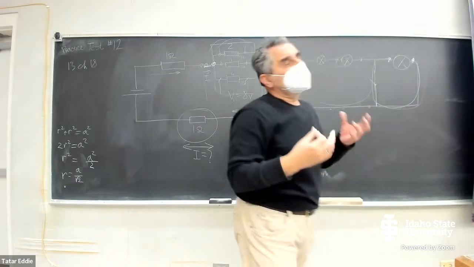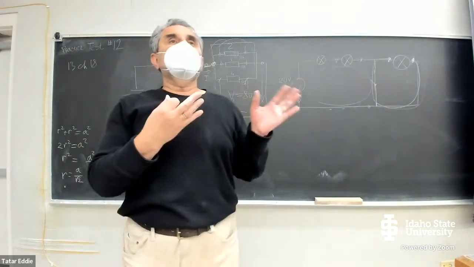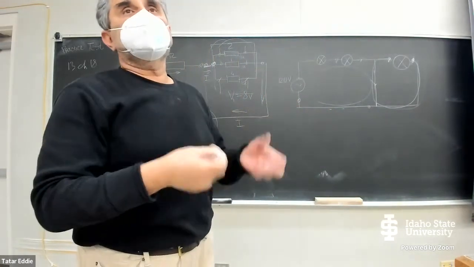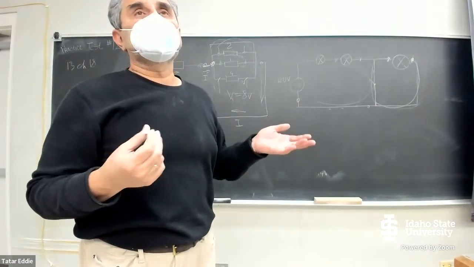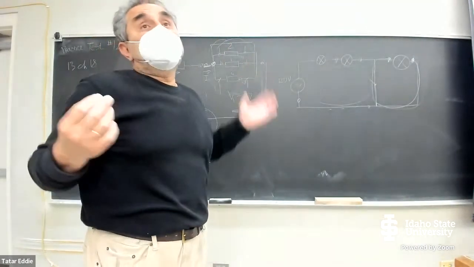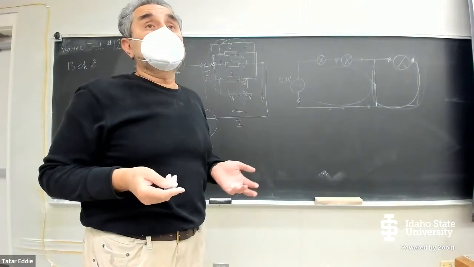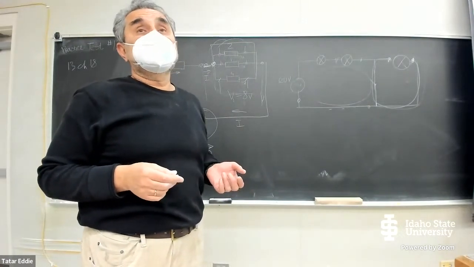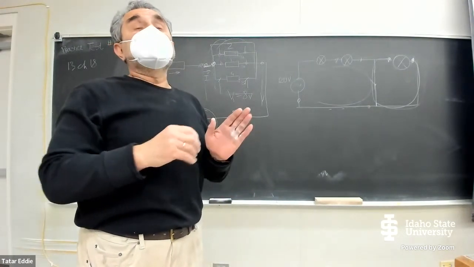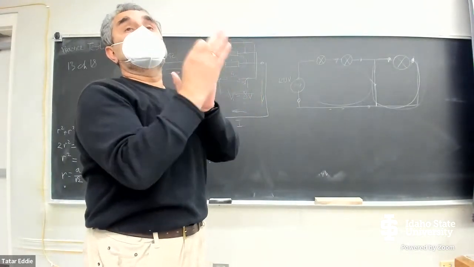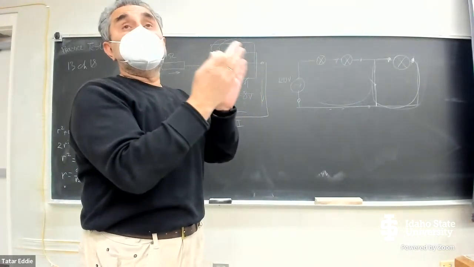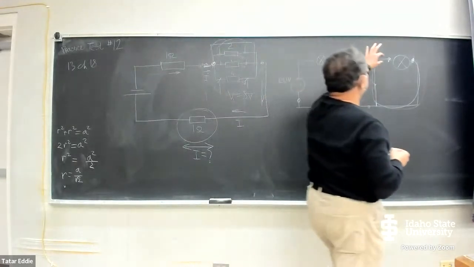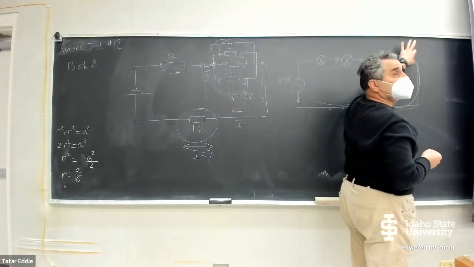So this is misleading if you think in terms of water flowing through hoses. But you have to, again, this is electric current and you have to think in terms of potential difference. In order for the light bulb to be on, there should be a voltage difference between those 2 points.